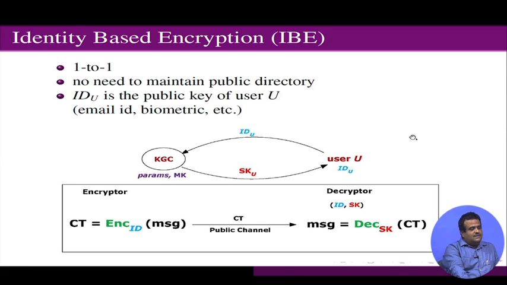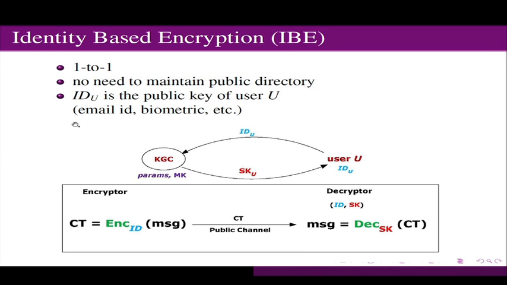This ID could be an email ID, or biometric, like our fingerprint with thumb impression, or our retina. Any unique identification, like our PAN number or email ID, can be used as the ID of the user.